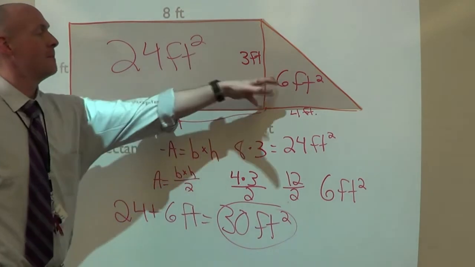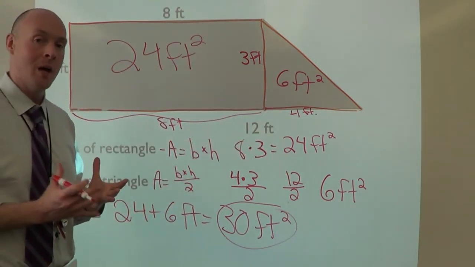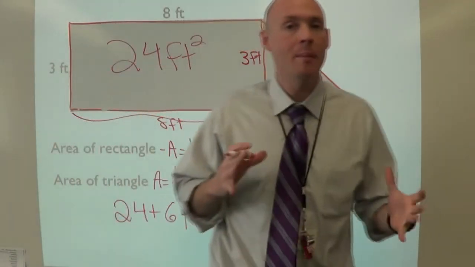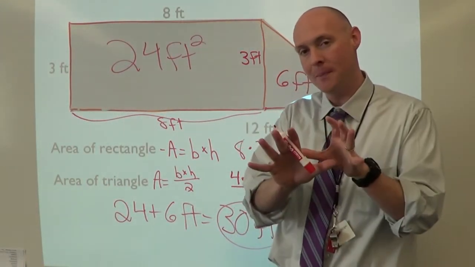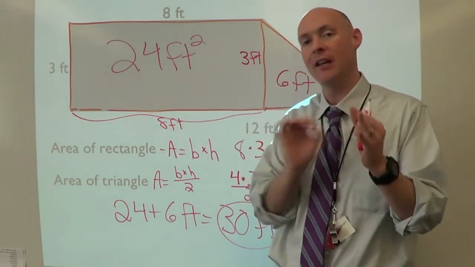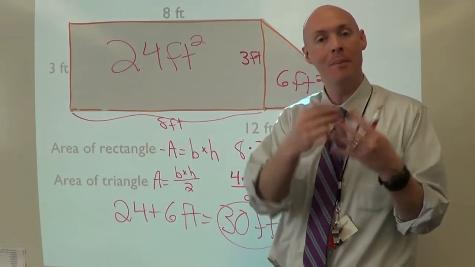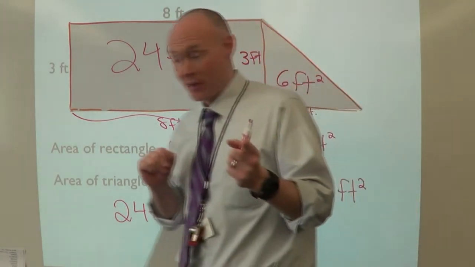And my area is a total of 30 feet squared. So really that's what you have to do with composite figures. You have to look at it and say, okay, what shapes do I see? Then you use the information given, figure out the area of the individual shapes, add them up, and boom, there's the area of a composite figure. Now let me show you another example.